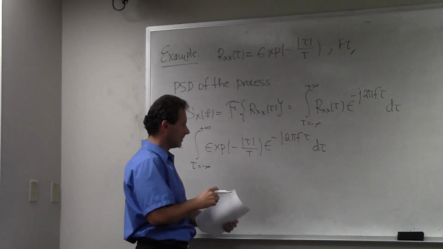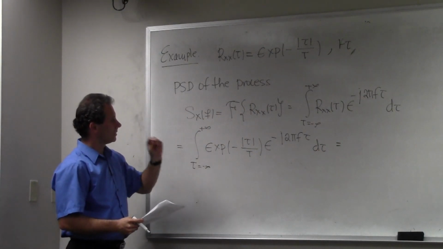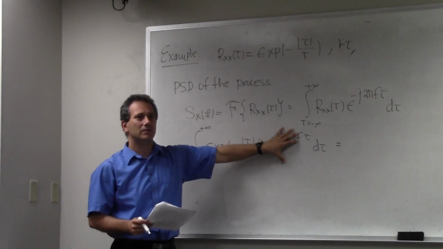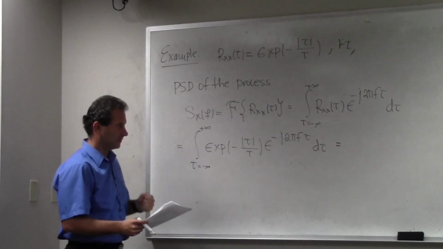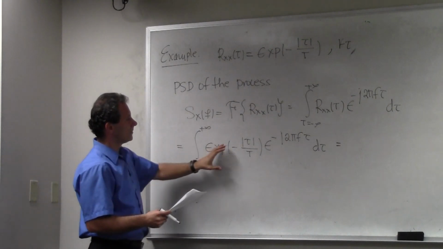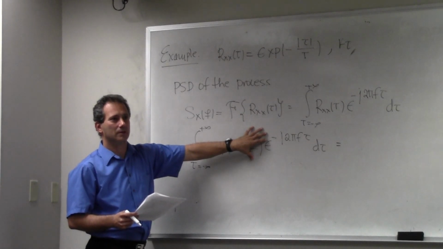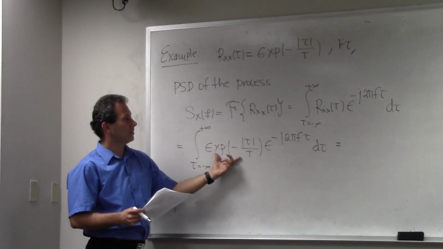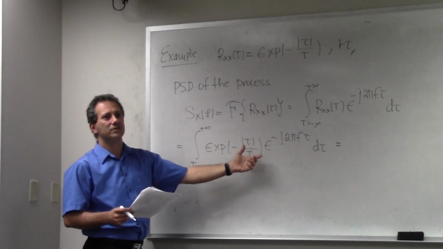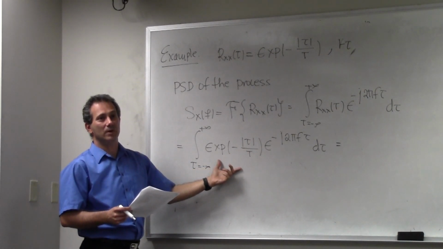I don't know if this is the simplest way, but this part has an even and an odd part, and the odd part is going to go away. So I just need the even part from here and the even part from here. The odd part is also the imaginary part too. Do you see that? So the imaginary part goes away.